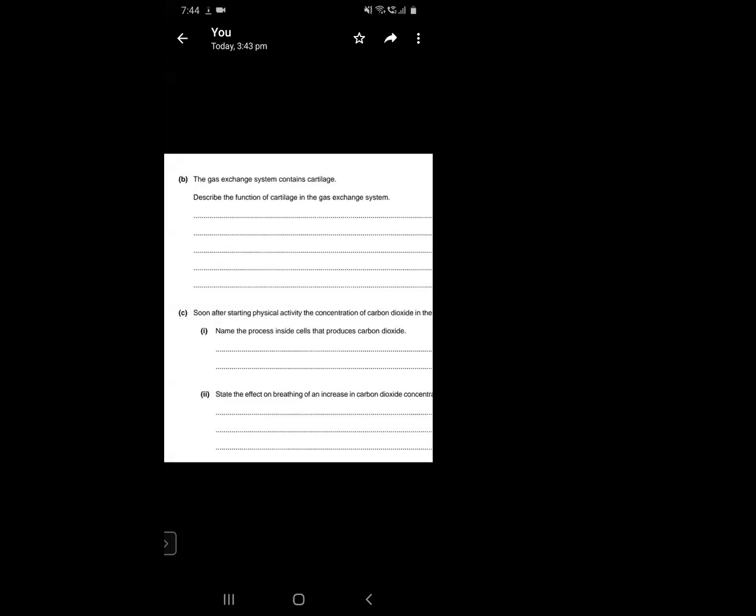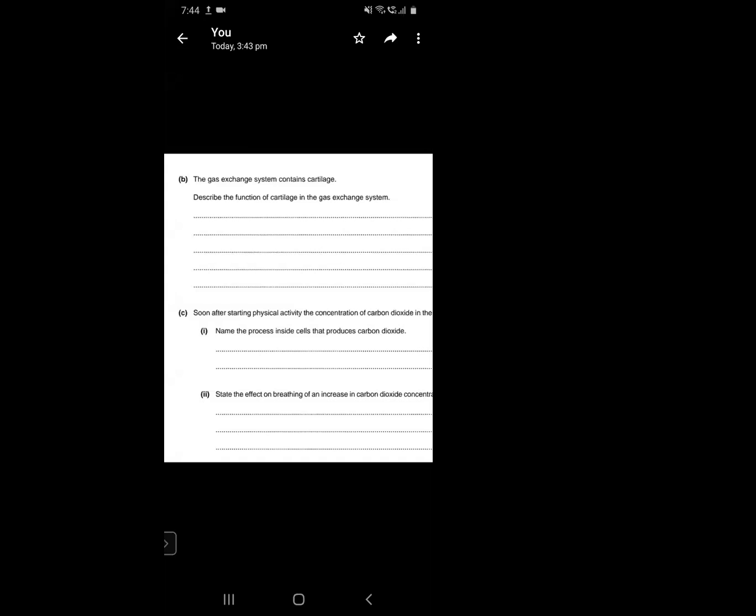Now, the function of cartilage is to keep the trachea especially open all the time. Trachea never closes. Why is it important for trachea to stay open all the time? Like the esophagus opens only when we are swallowing. Otherwise, the esophagus is closed.